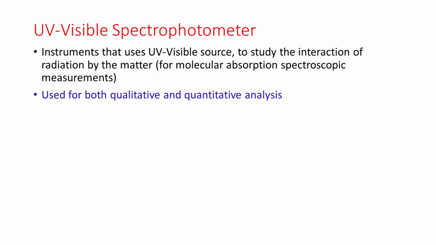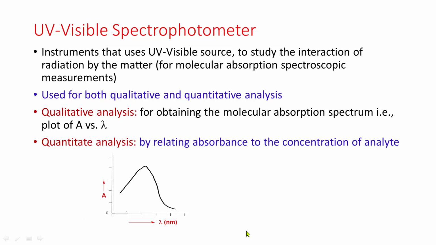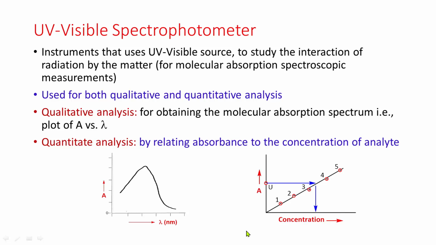These are used for both qualitative and quantitative analysis. Qualitative analysis is for obtaining the molecular absorption spectrum, that is, a plot of absorbance versus wavelength. Quantitative analysis means relating absorbance to the concentration of analyte.